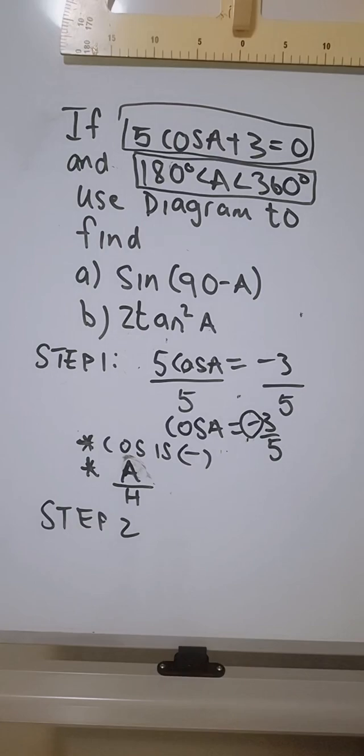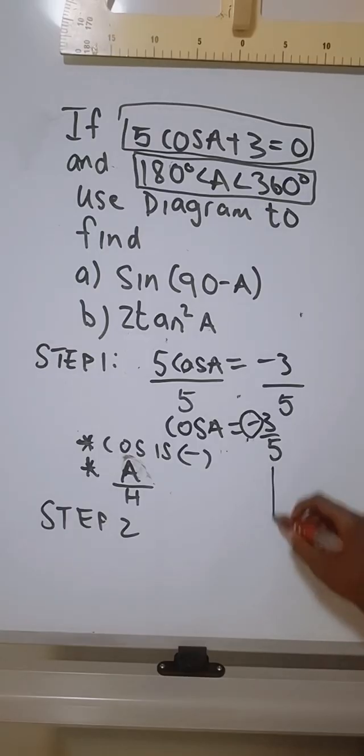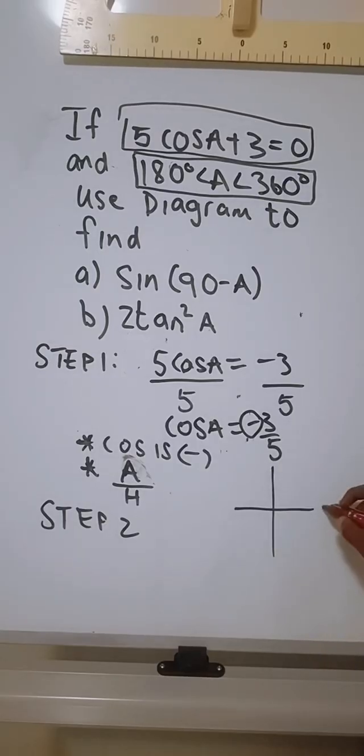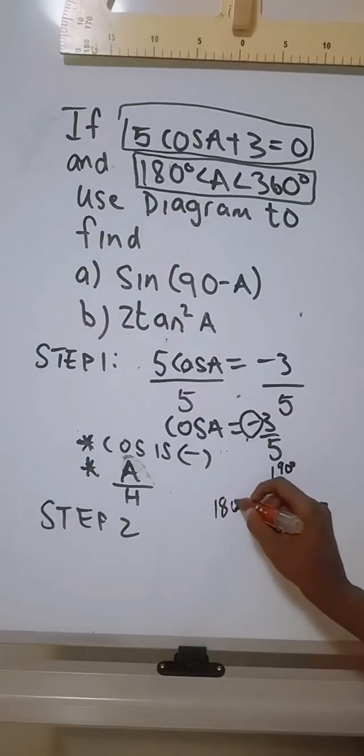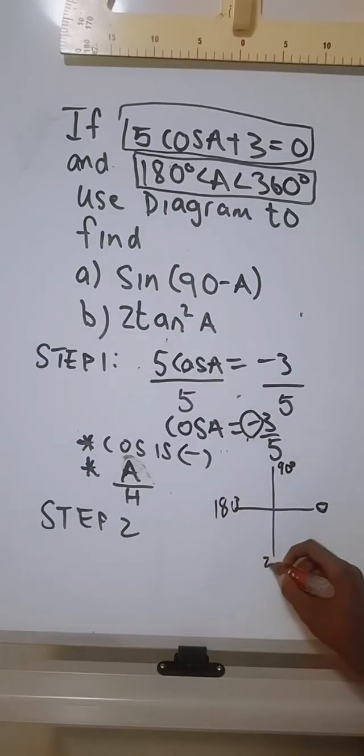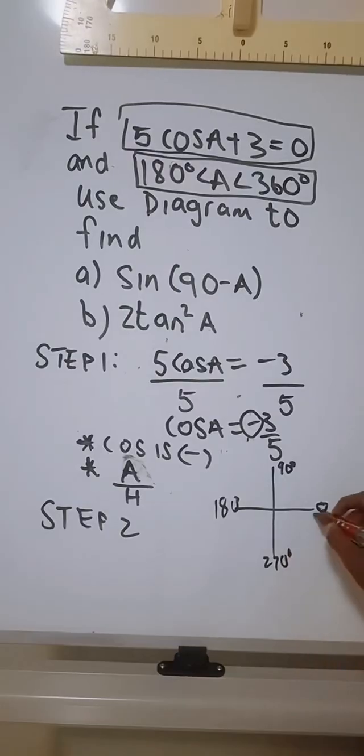Okay. So when we say 180 to 360, please understand this, that in your Cartesian plane, you have 0, 90, 180, 270, and back there 360.